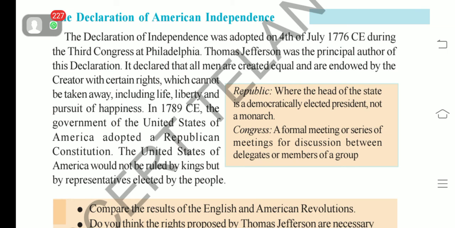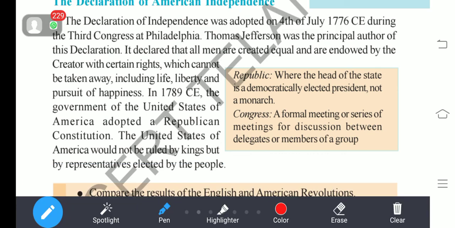America is a country in the American continent, which is called USA. The United States of America is a country in the American continent.